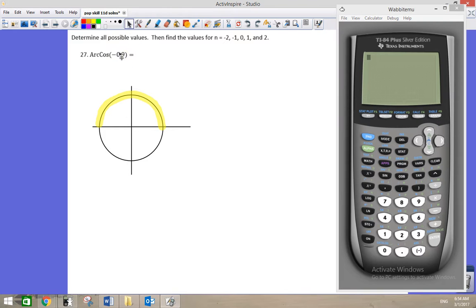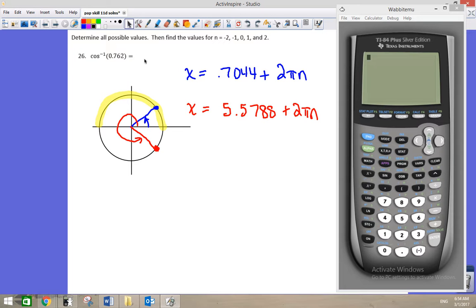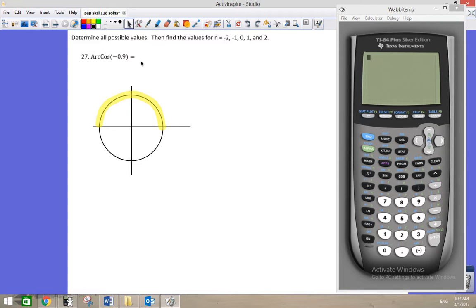So in a way, this problem isn't associated with this type of directions normally, because it's determine all possible values. Well, here, there's only one possible value. Over here, there's infinitely many. And of those infinitely many, we just described a few of them using these different values of n. I may have that wrong on the answer key, but I'll have to check.